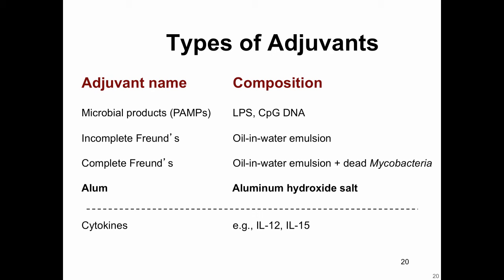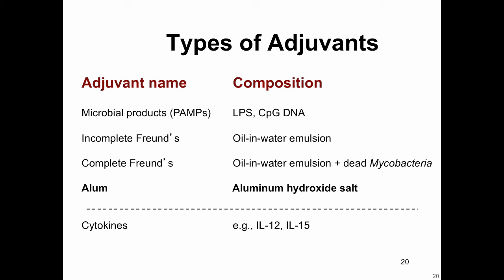There's a variety of different types of adjuvants that are used, although most of these adjuvants are used in research labs and are not used clinically. The main adjuvant that's used clinically is this alum form of adjuvant, which is really just an aluminum hydroxide salt that results in precipitation of the antigen and prolongs its half-life after injection.